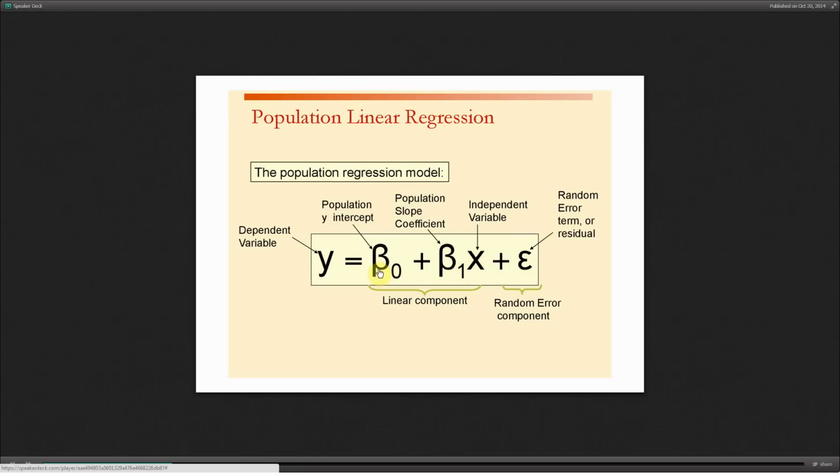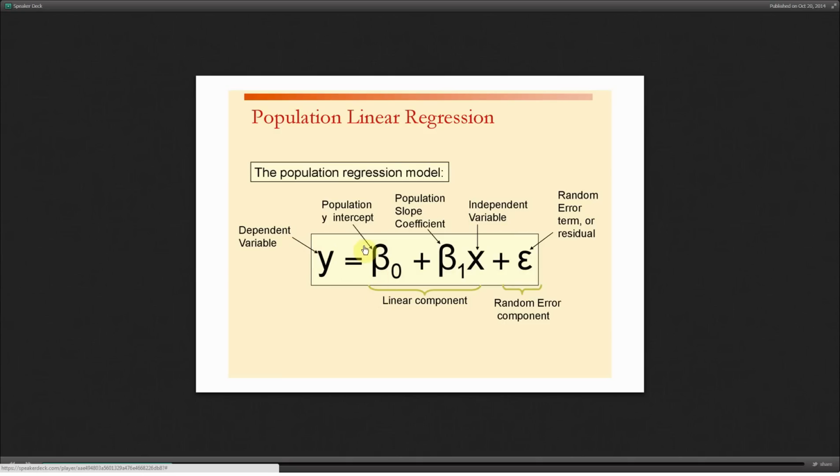And I add to that the intercept, beta 0, again a population characteristic, and then I add some random error, and then I would get the value for y. In other words, each value of y in my population is equal to beta 0 plus beta 1 times an independent variable plus some random error term. So this represents the relationship between x and y in the population.